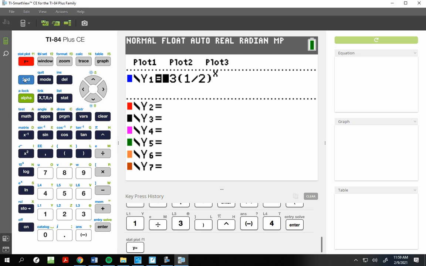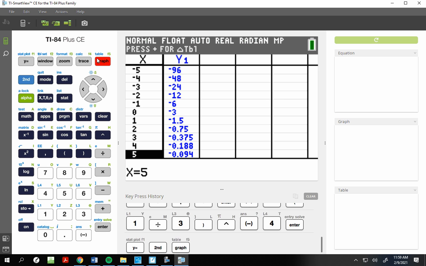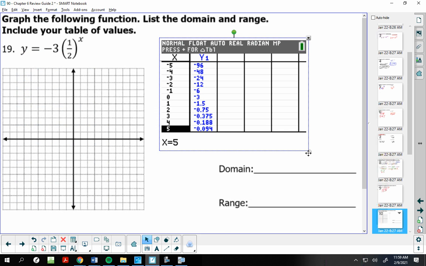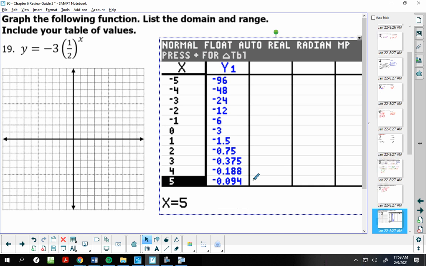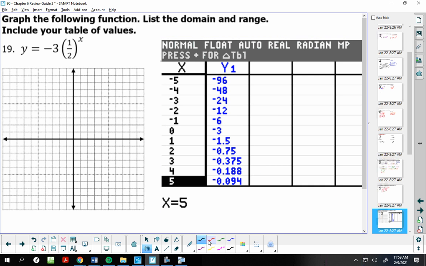And then you're going to hit second graph to go to the table. So there we have some good values. Normally, we just need to go -2 to 2. Sometimes we might need to go further, but most times there's enough good points from -2 to 2 that we can plot.